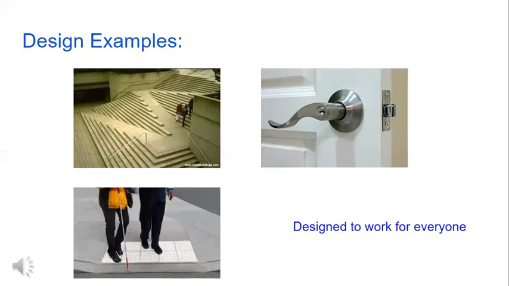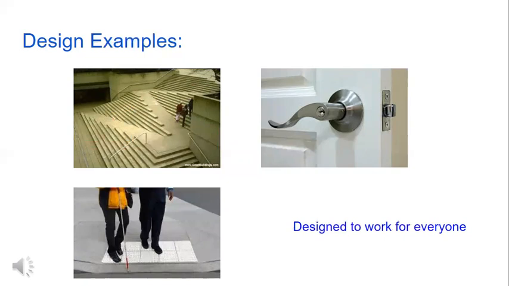Okay, so then the last example is one that we've all seen, which are curb cutouts. These cutouts are designed so we can get easily from the sidewalk to the street and cross the street safely. The curb cutouts were originally designed for a wheelchair user, or in this case, visually impaired individuals, so they don't trip on the step. The idea here is that even though these curb cutouts may be necessary and useful for people with disabilities, they can be used by everyone.